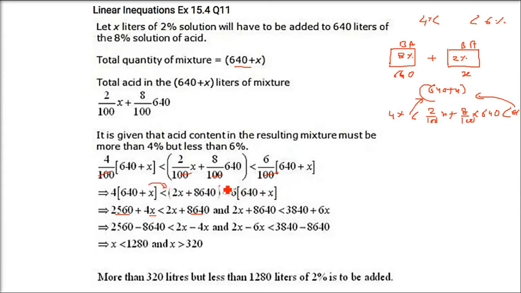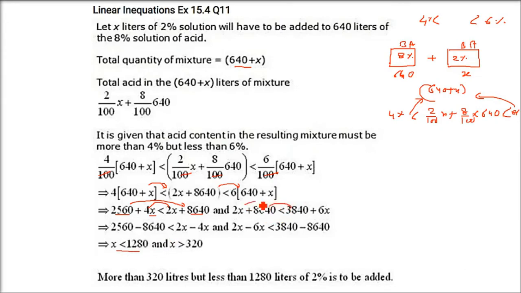Now take them separately. First the left condition, then the right condition. Just take the x to one side and the others on the other side. x will come as less than 1280.